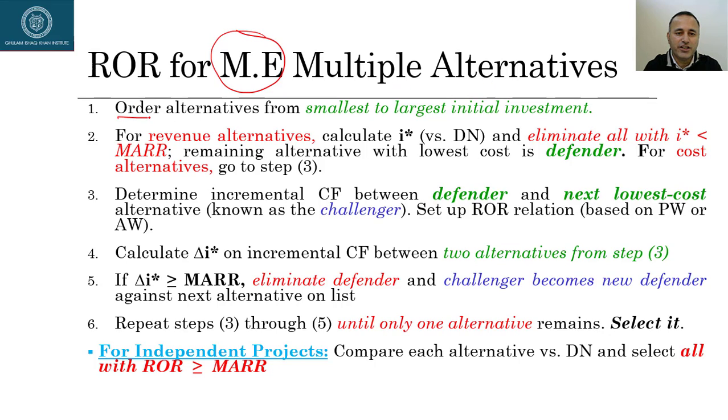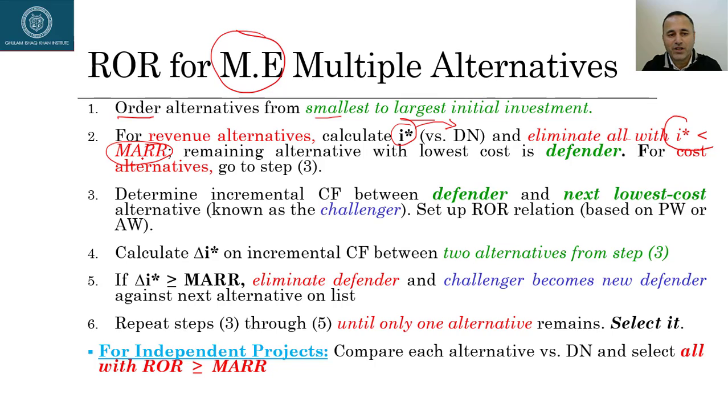We order the alternatives. How do we order them? From smallest to largest initial investment. For revenue alternatives, we calculate the i star and we compare it with MARR, and eliminate all alternatives where the calculated rate of return is less than MARR.